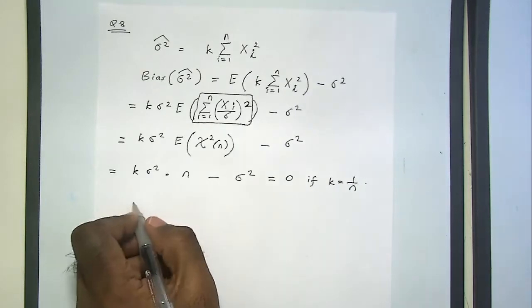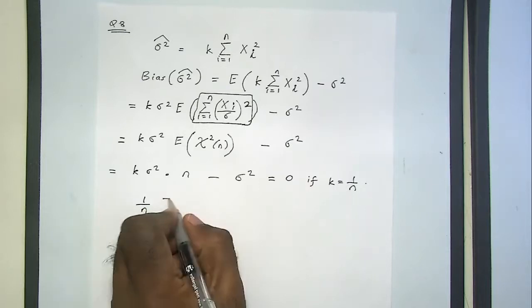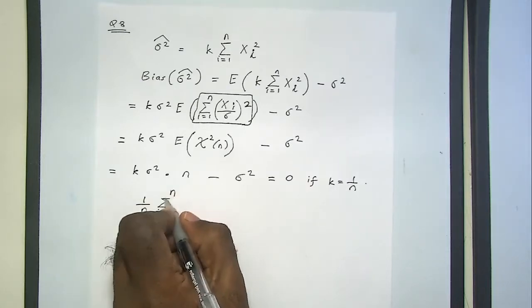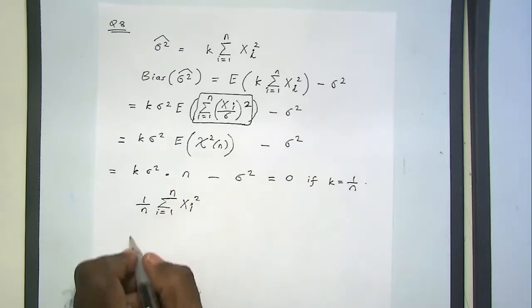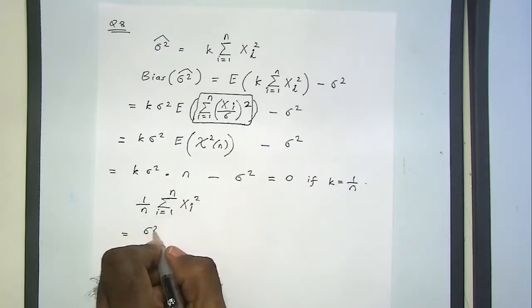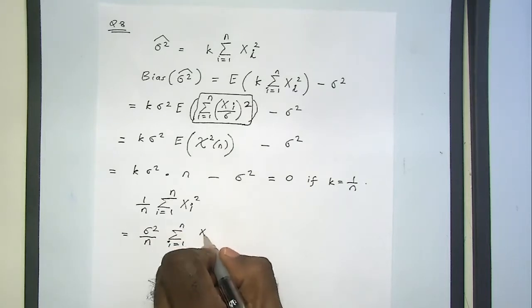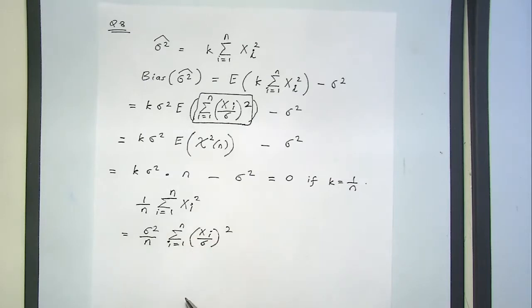Alright? And the second part is trivial, because if k is 1 over n, you have this as the estimator. Right? And this you can write as this, right?